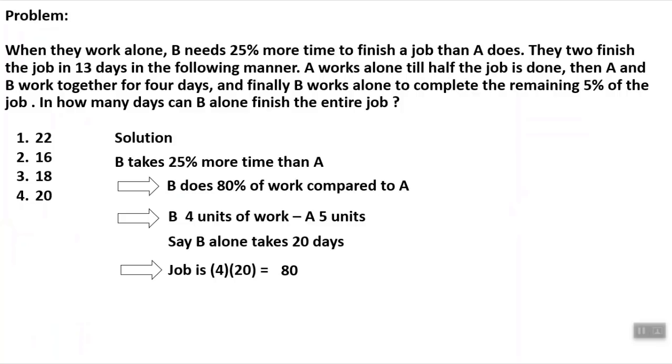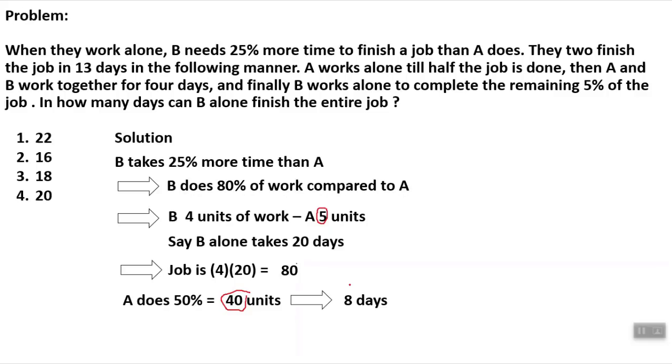If 80 units is the entire job, then A worked alone till half the job is done, which means A did 40 units out of these 80 at the rate of 5 units per day, and therefore 40 divided by 5 would be the number of days that A has taken to complete 50% of the work, which is then 8 days.